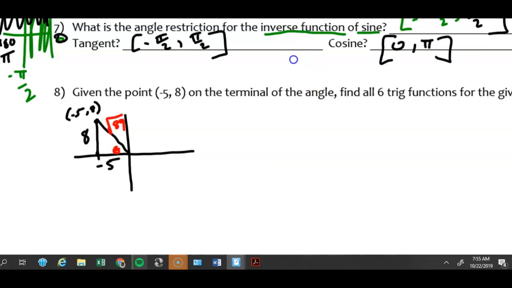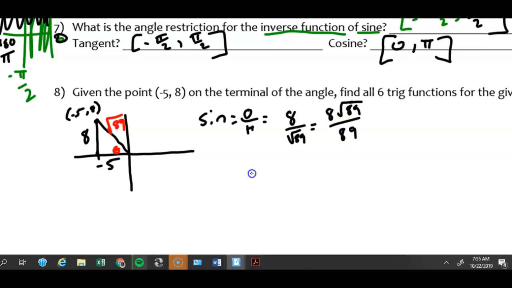If you remember, guys, sine is opposite over hypotenuse. So sine is going to be 8 over the square root of 89, which we have to rationalize. We can't leave the radical in the denominator. So we move it to the top and keep the number from the radical at the bottom. If there was a number down here, like 2, we would multiply those. I know you know that though.